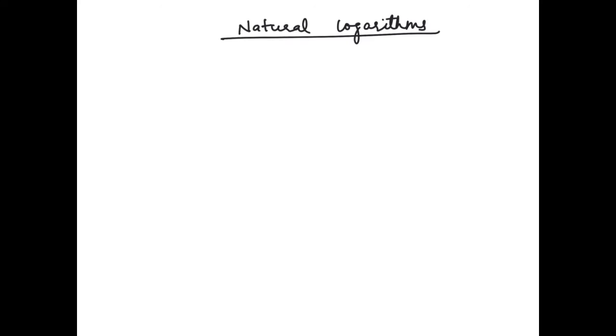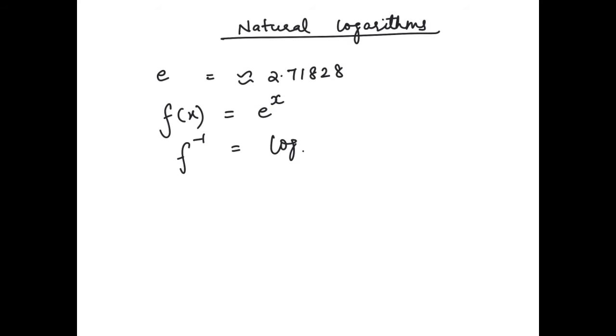So in natural logarithms, we know e is approximately 2.71828. And if you have a function e to the power x, and you get the inverse of this function, you will get log base e of x. So log base e of x is the inverse of e to the power x.